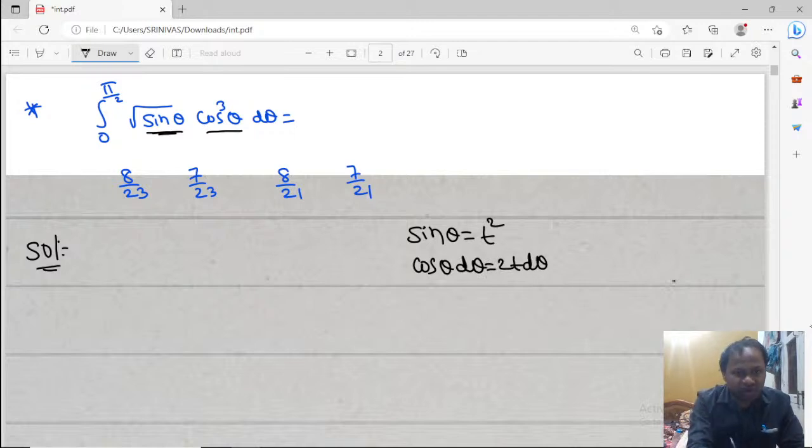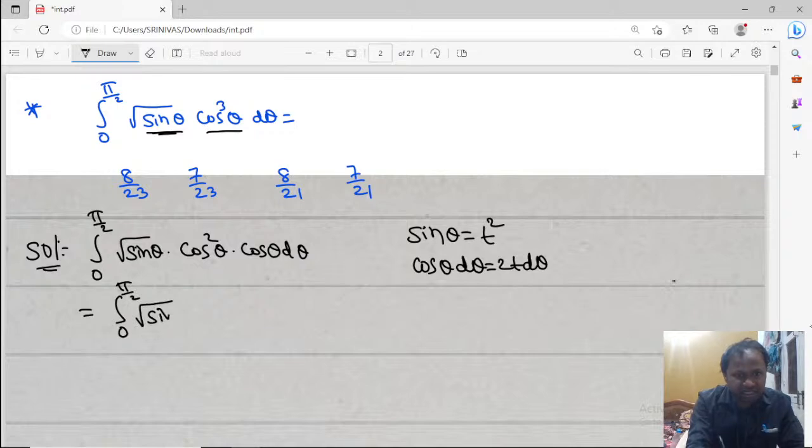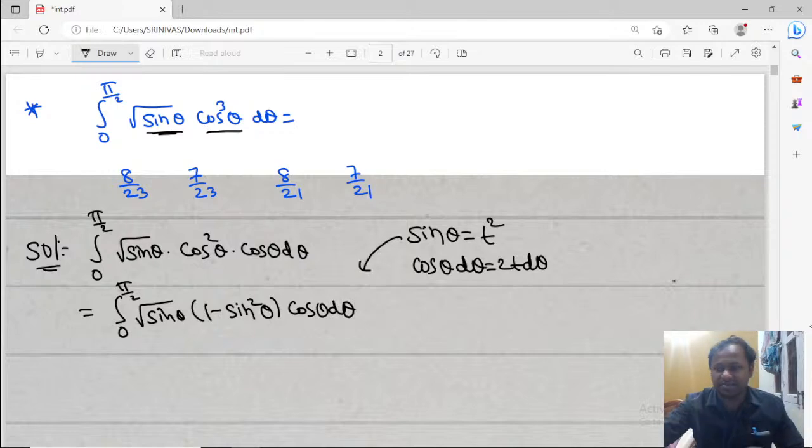Okay. First of all, I will convert the question like this: integral 0 to pi by 2 under root of sine theta into cos square theta into cos theta d theta, that is equal to integral 0 to pi by 2 under root of sine theta into cos square theta. We can write it as 1 minus sine square theta into cos theta d theta. Now substitute all values here.